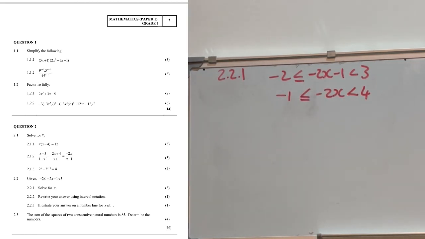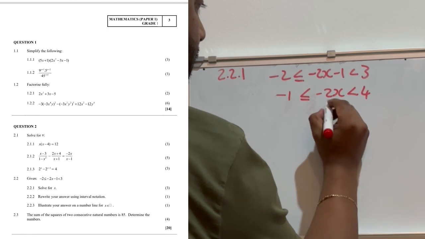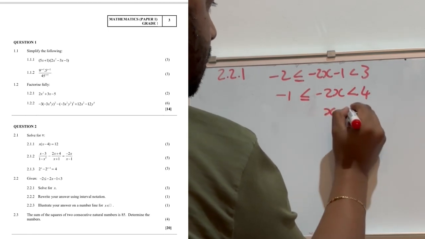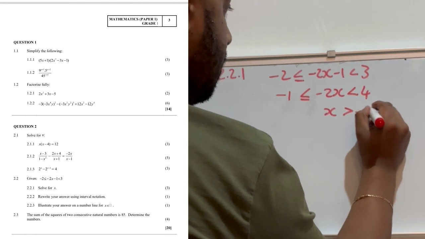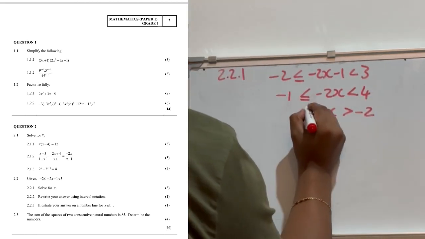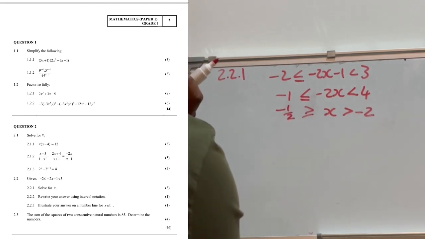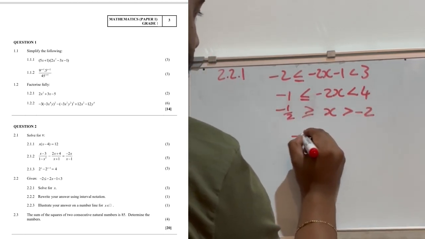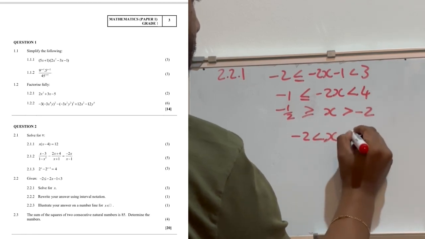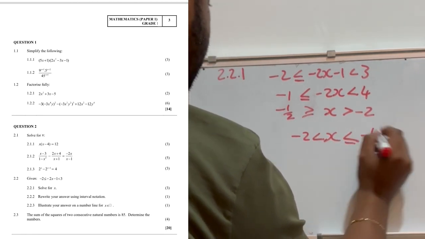So then we divide by minus 2, and we need to flip the sign. So then that is going to be x bigger than minus 2 and smaller than or equal to negative half. If you want to write it in better formation, you can say minus 2 is smaller than x, smaller than or equal to minus a half.